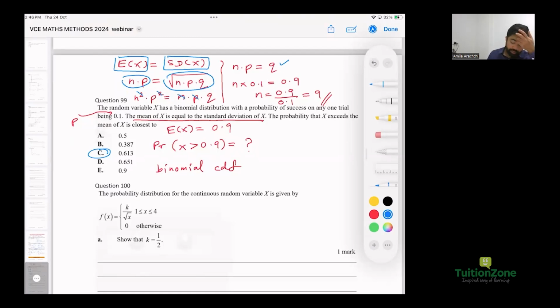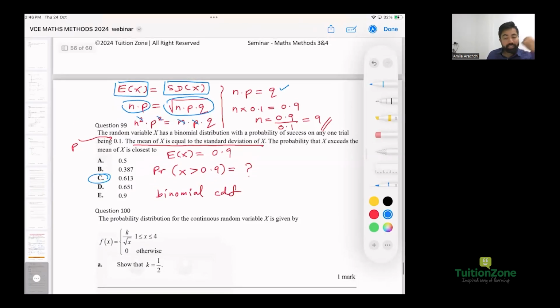Try question number 100. Sir, can you explain that again? Explain which part? Don't say the whole question. Like, what am I supposed to put on the CAS? Oh, you mean this one? Did you grab the CAS? Can you open up the binomial CDF?